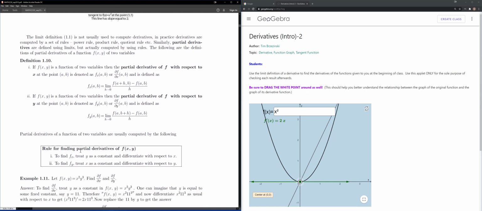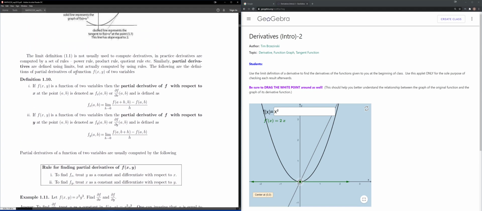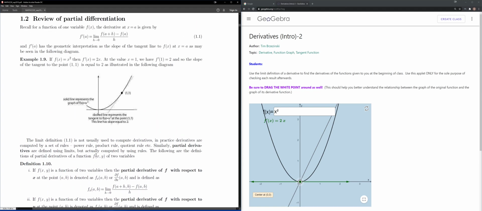So that's how you define your partial derivatives. You define them via limits. But practically, you're not really going to use these when you're doing your calculations. Where you do use these is when you're creating rules. For example, where does the product rule come from? You know what the product rule is: if you want to differentiate a product, differentiate the first term and leave the second term alone, and then add what you get by leaving the first term alone and differentiating the second term.